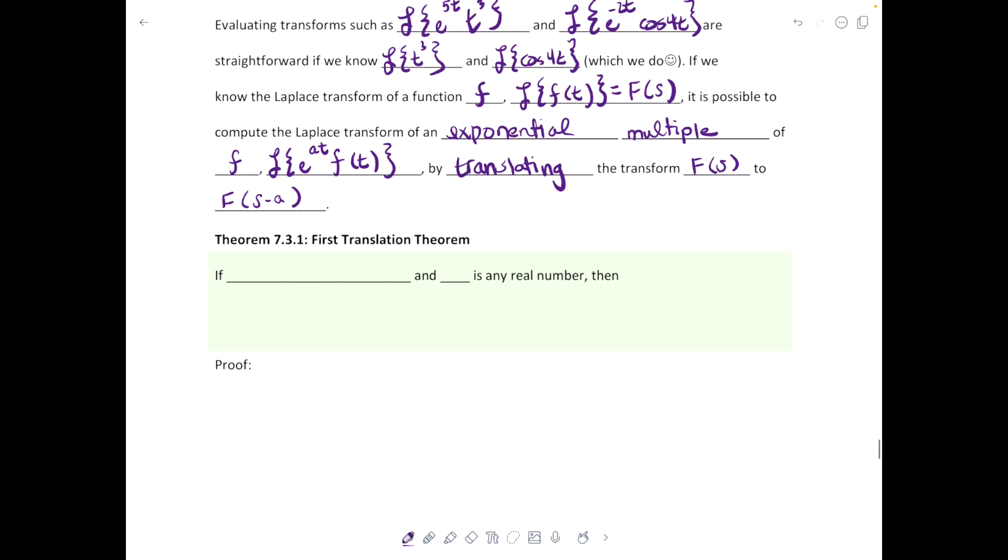So theorem 7.3.1, the first translation theorem.